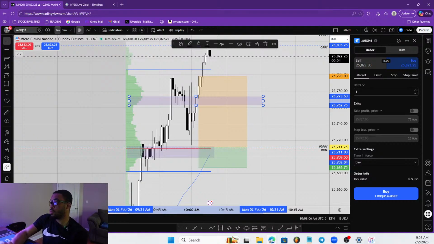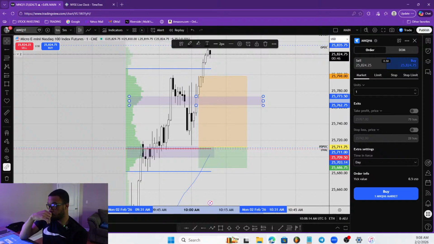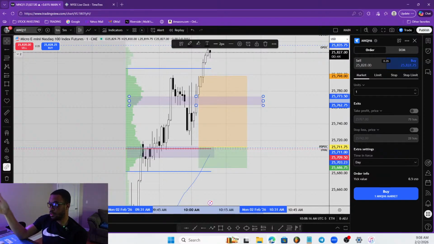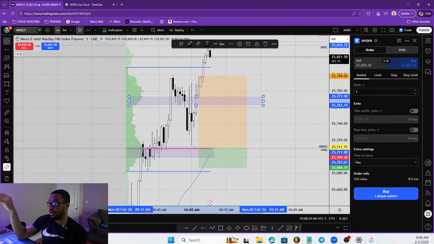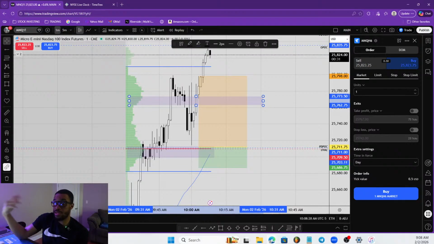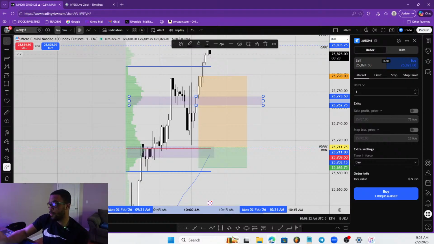And so with me going about doing my research and continuing to educate myself, I came across volume profile. I've always seen this particular tool, but I didn't know what it was, how to utilize it, or how to go about finding setups.